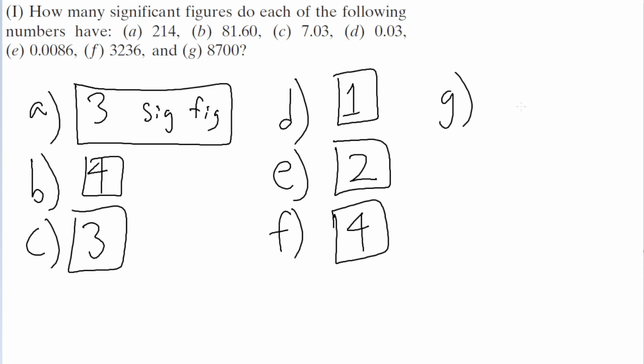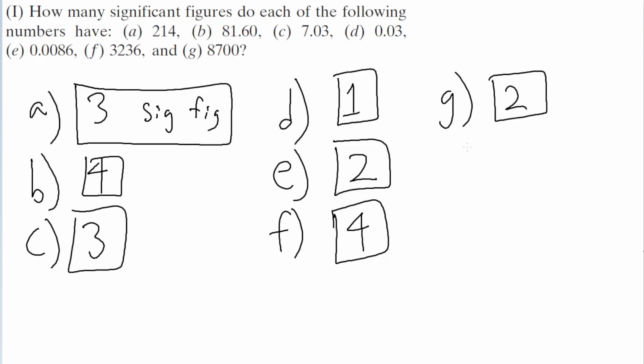The usual rule and the usual assumption is that trailing zeros are not considered significant when there's no decimal point. And that is the rule that is usually given. So taking that into account and applying that to this 8700 number, the only significant digits would be the 8 and the 7, which is only 2 digits.